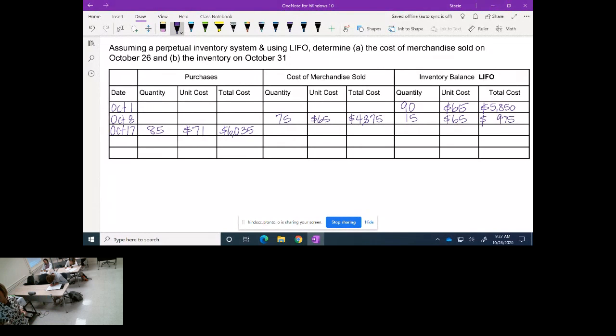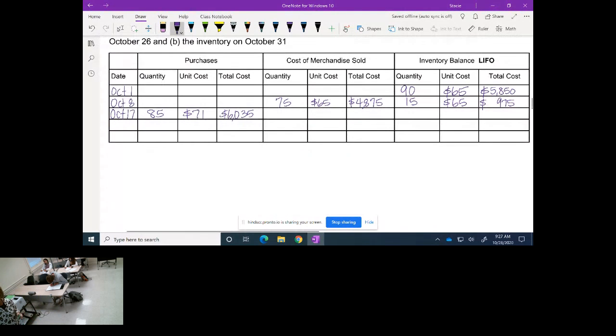Okay, so we're going to add that to what we currently have in inventory. So we've currently got 15 units at 65 for a total of $975.